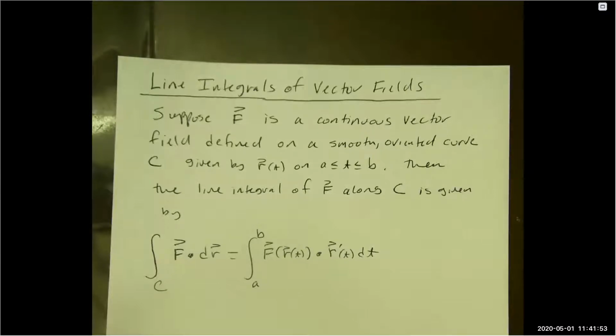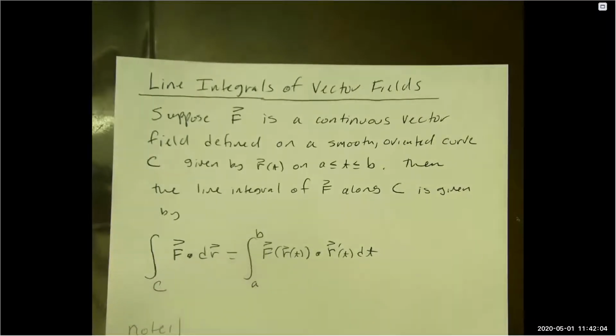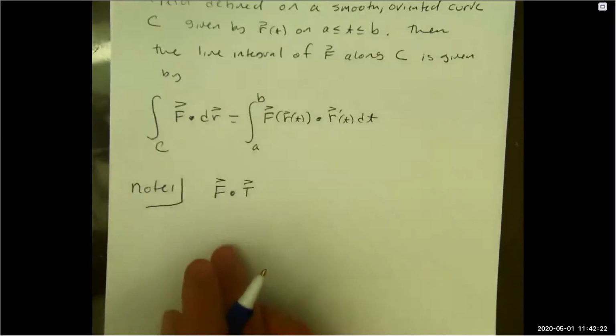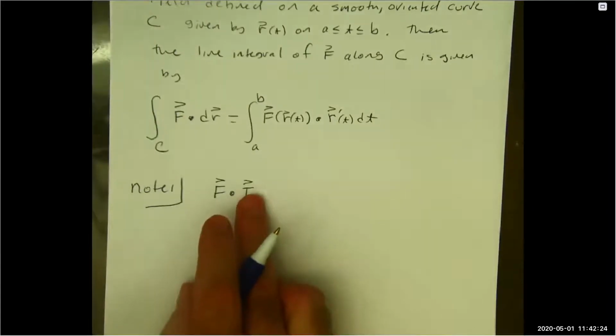Okay, so a couple things that we need to note about this. Note one: if we have F dotted with T, remember that this one is our unit tangent, and then ds.